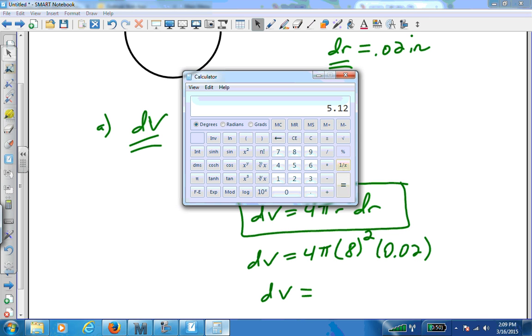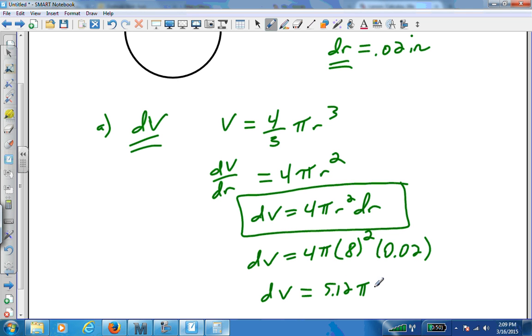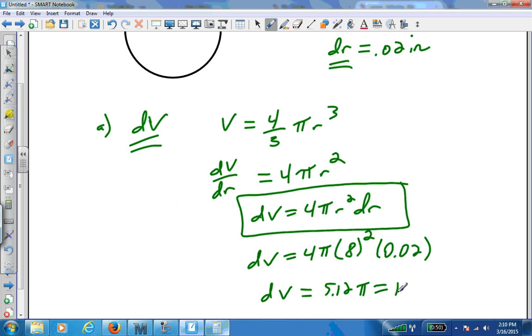Did I do that correctly? 4 times 64 times 0.02. So 5.12 pi, which is roughly 16.08. The radius is in inches. This is a volume, so this would be in cubic inches.